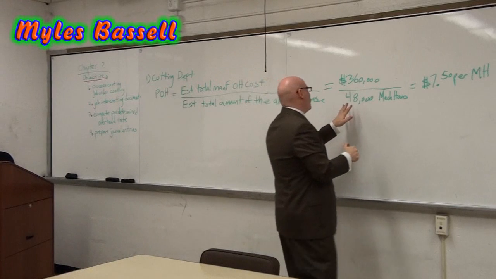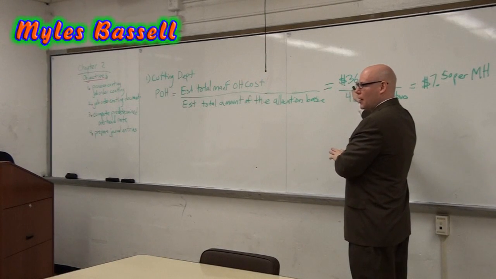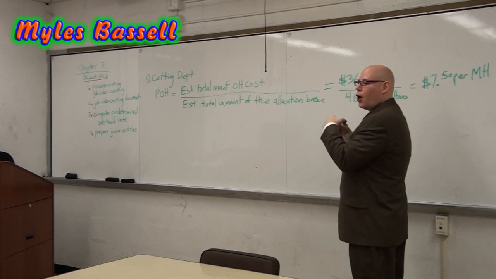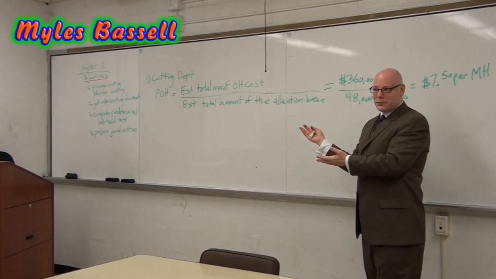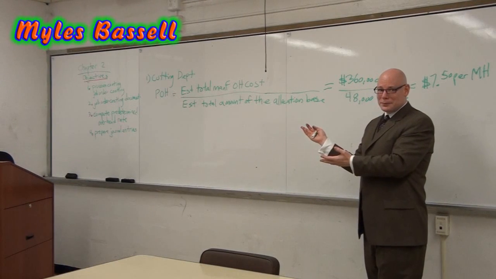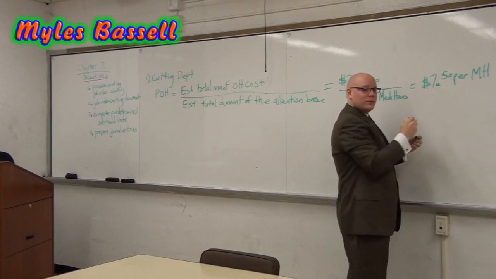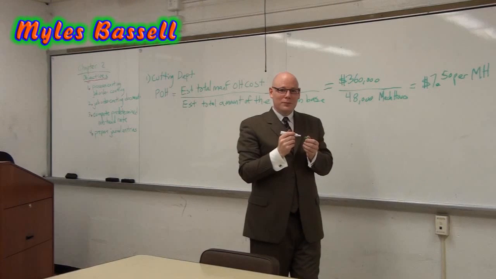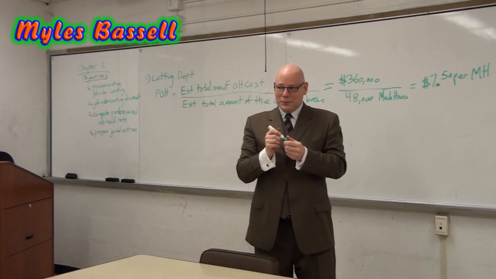For 48,000 machine hours, it's $360,000 in manufacturing overhead. So for 100,000 machine hours, it's $7.50 per machine hour. So 750,000.